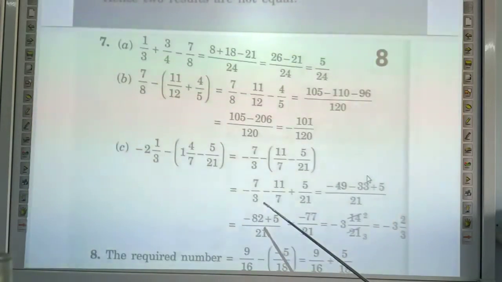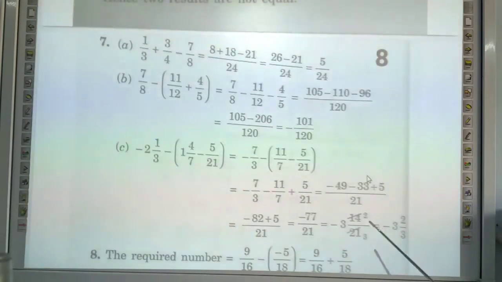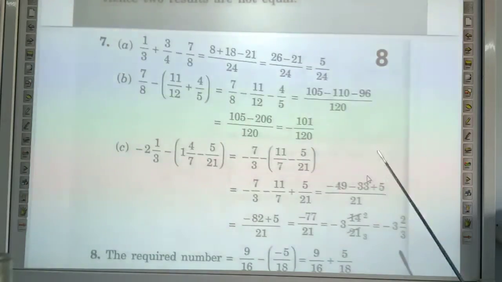On taking the LCM of 3, 7, 21, LCM is 21. 3 7s are 21, so multiplied by 7, minus 49. 7 3s are 21, so 11 is multiplied by 3, 11 3s are 33. 21 1s is 21, so 5 is multiplied by 1, 5 is added as it is.